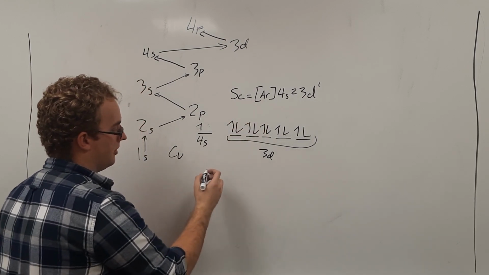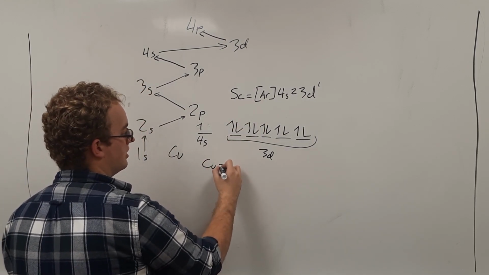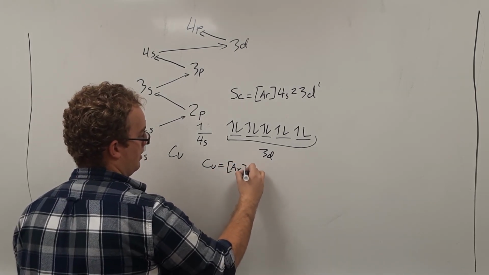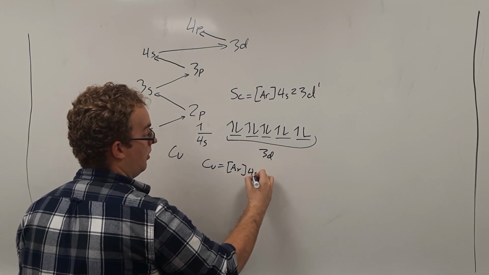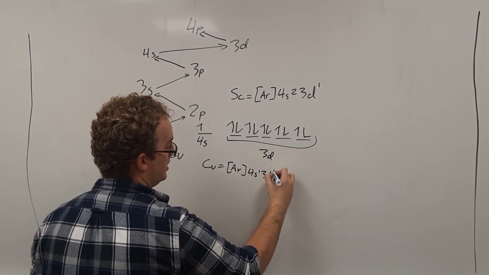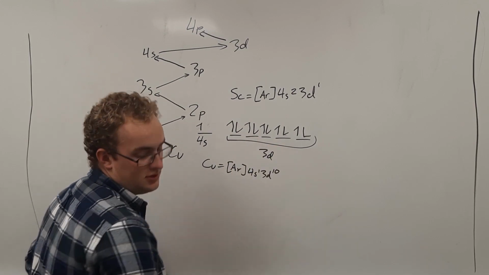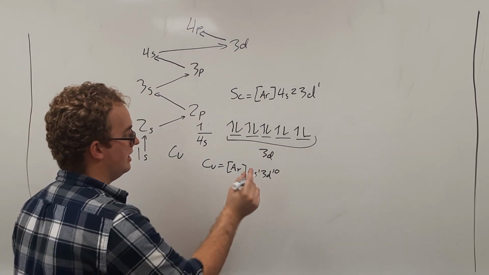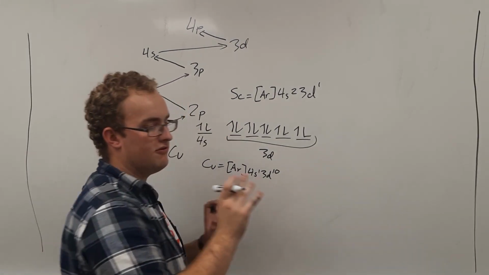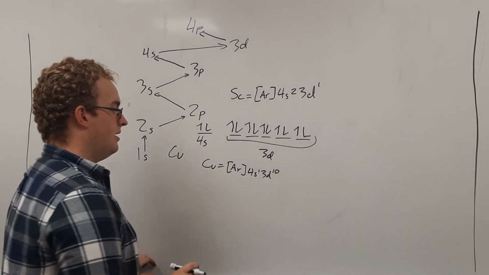So if we wrote copper, the electron configuration would be argon, and then 4s1, because it's stolen an electron from here, and then we would write 3d10. And then once you get to zinc, it solves this problem: we add one more electron, it goes right there. Now we're chill, back to normal.